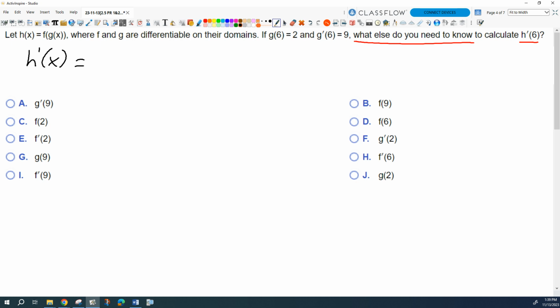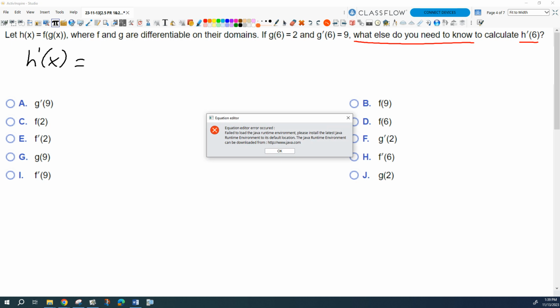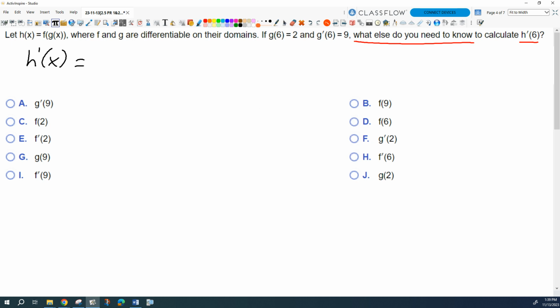What's the first link? f prime of the inside, right? What's my inside? It's g of x, right? Times, what's the next link then? If we peel back the f part and look inside, it's just g prime of x, right?